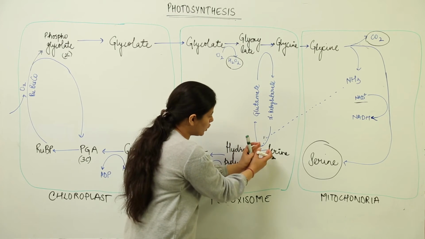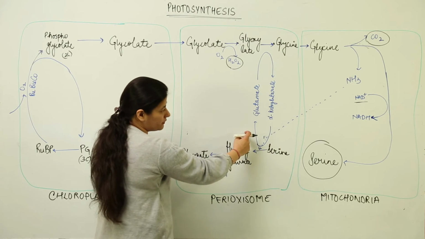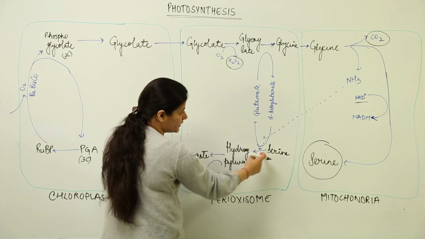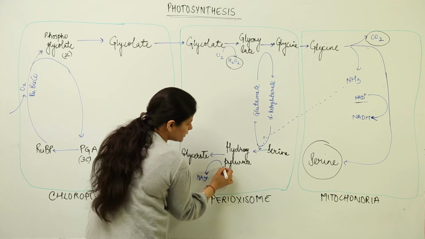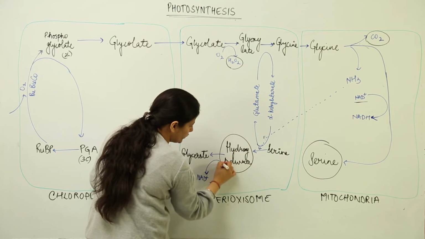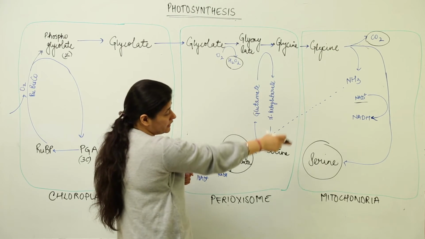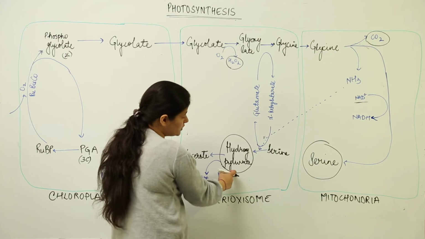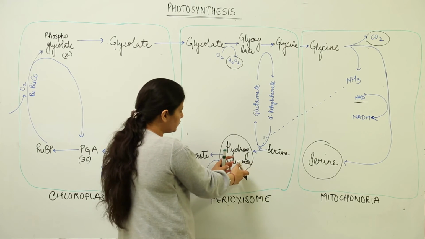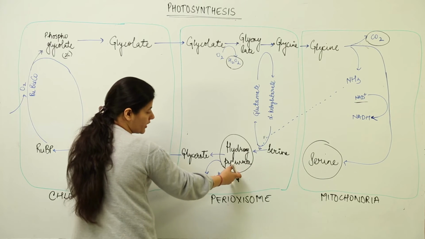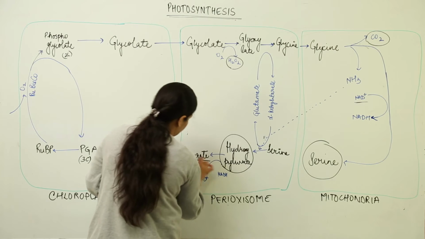In this coupling reaction, alpha ketoglutarate is getting converted to glutamate. This serine gets converted to hydroxypyruvate, because the ammonia from the release of glycine getting converted to serine is being used up in the formation of hydroxypyruvate. Now the next conversion would be that this hydroxypyruvate within the peroxisomes would get converted to glycerate.